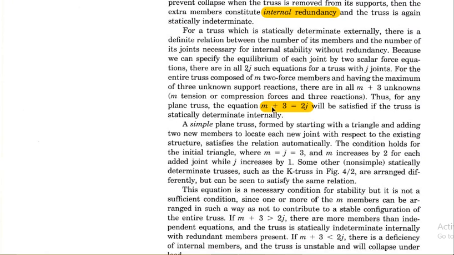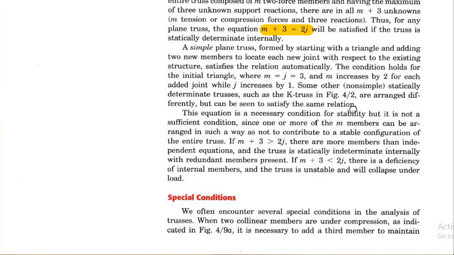If the structure or truss follows this equation, then the structure will be known as a statically determinate structure, and if there are more members, then these are known as extra members, and if there are fewer members, it is known as deficiency. So if m plus 3 is greater than 2j, there are more members than independent equations.